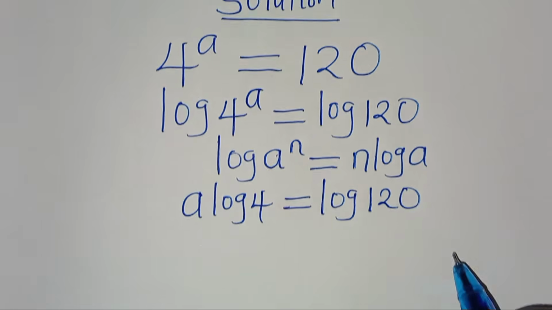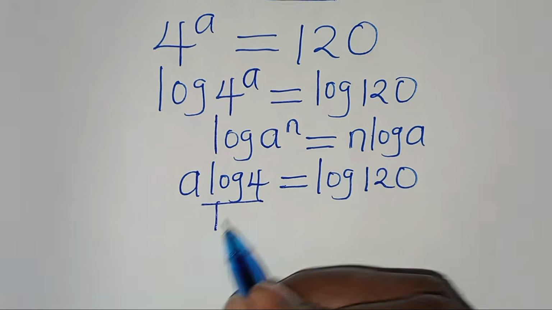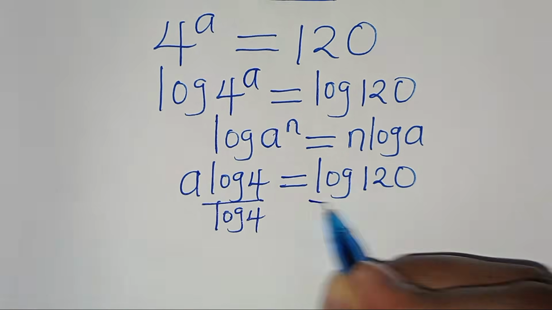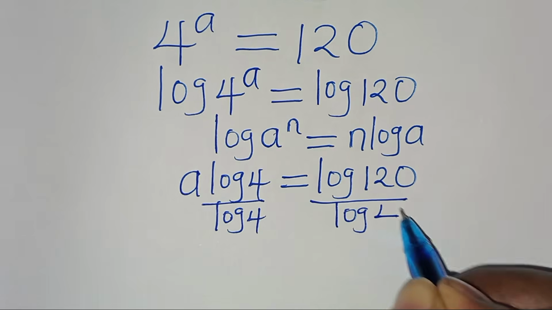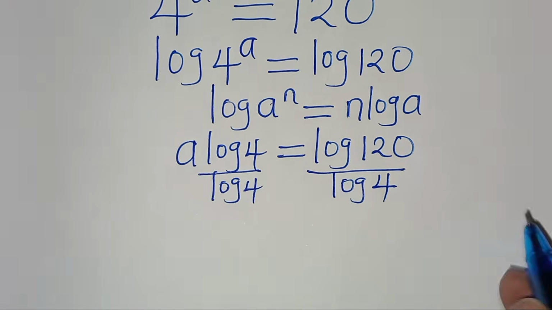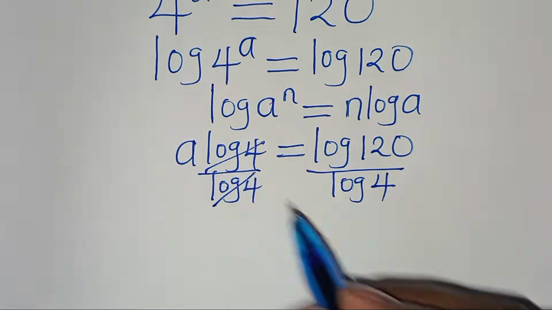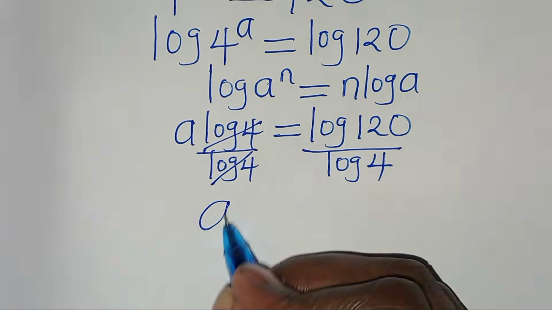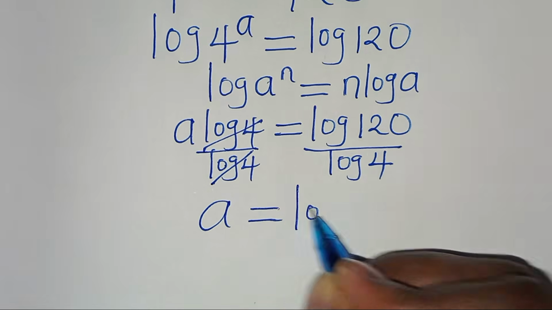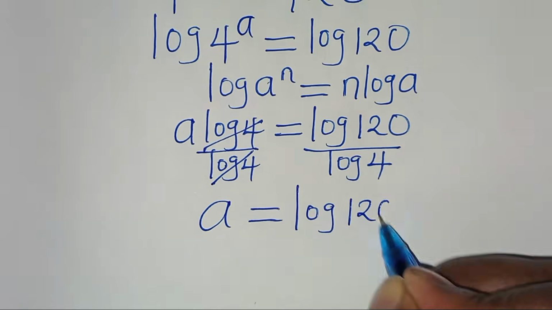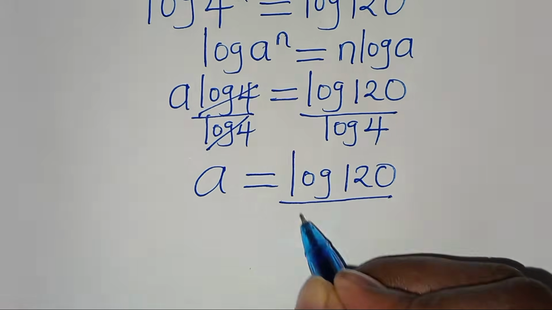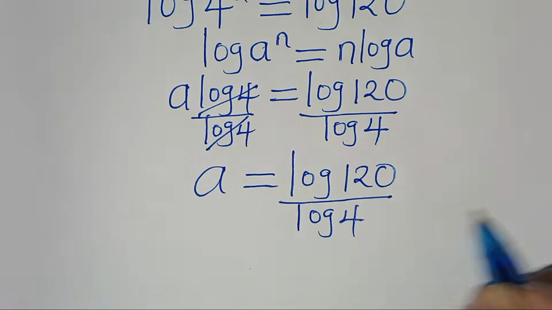So let's divide both sides by log 4. Simplifying log 4 and log 4, we have a is equal to log 120 divided by log 4.